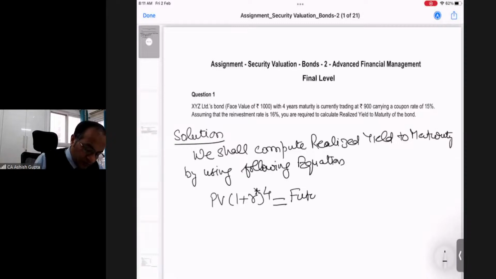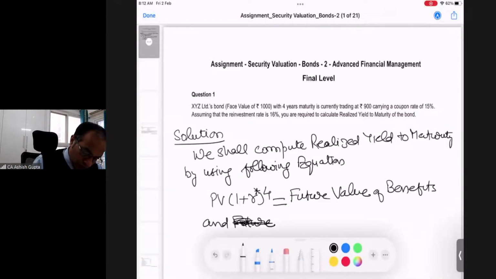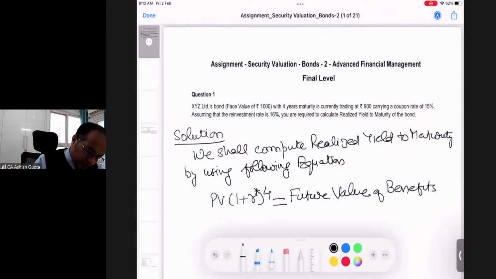Equal to future value. Now we compute the future value of benefit.